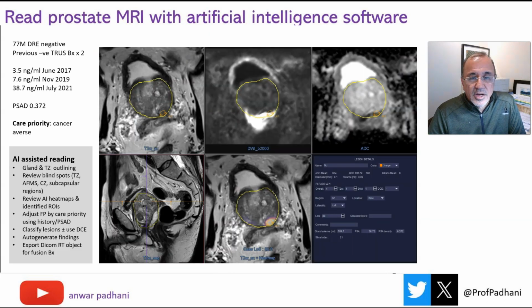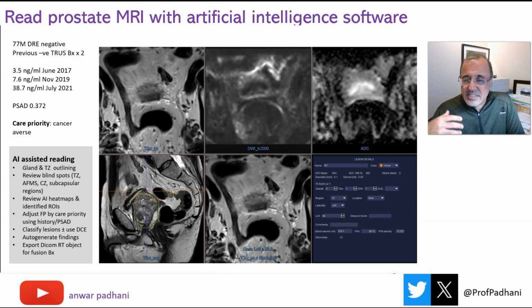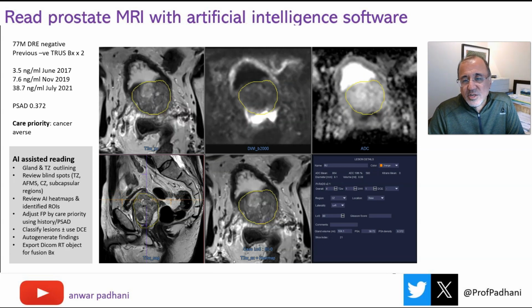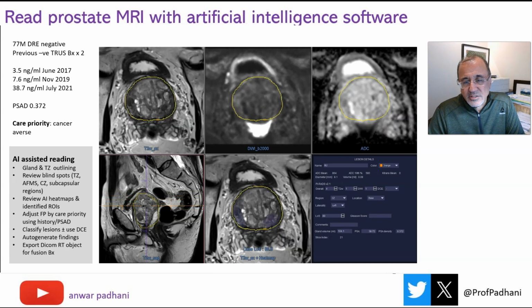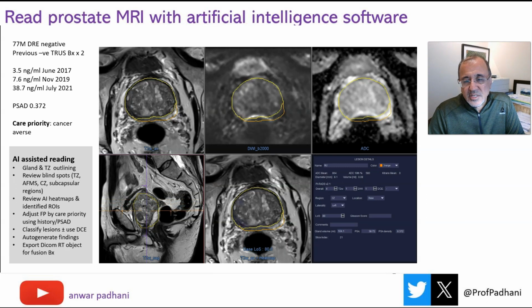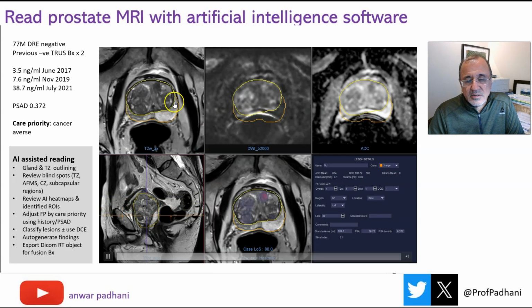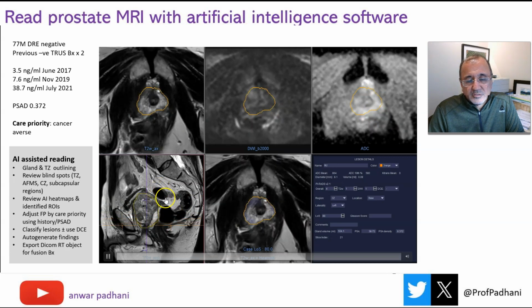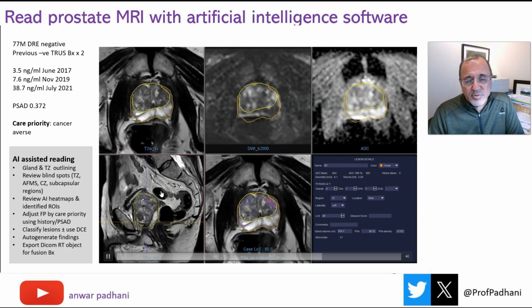Another reason for false positives is this signal packing that you can sometimes get because of a large amount of rectal air. So in this particular instance, you can see that there's a large drop of air behind the prostate gland and another drop of air here above the prostate gland.